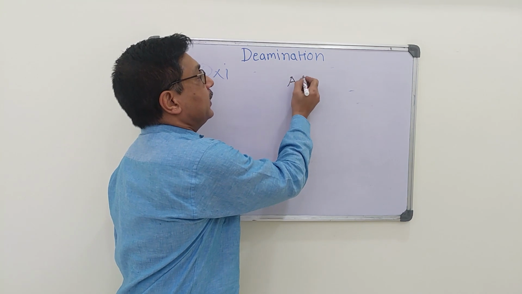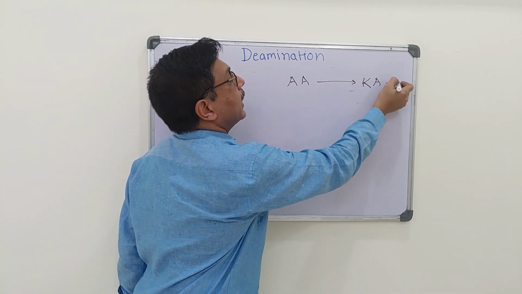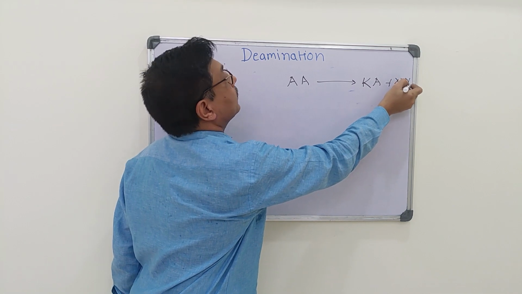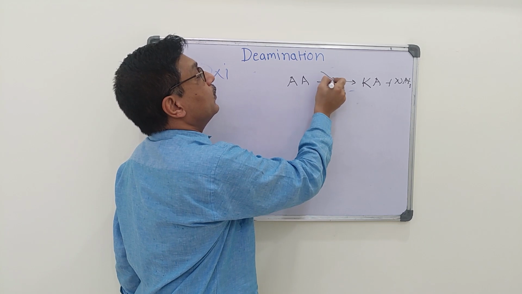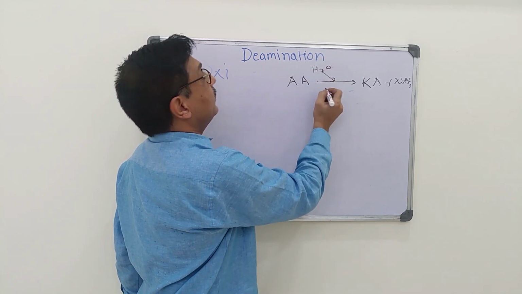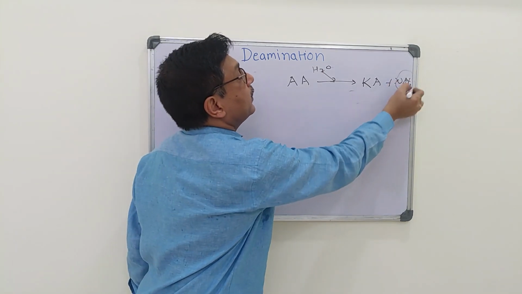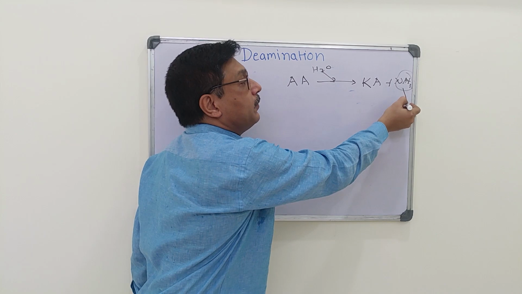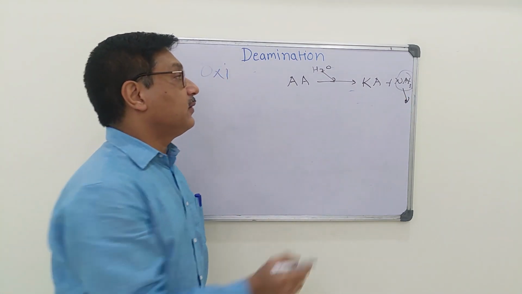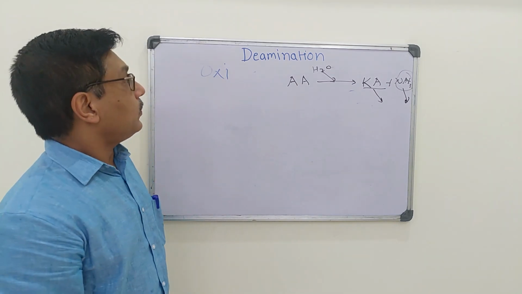So, amino acid is converted into a keto acid and ammonia in presence of various oxidative enzymes, and ammonia is liberated, we have seen. So, ammonia is used for urea synthesis, keto acid for energy generation.